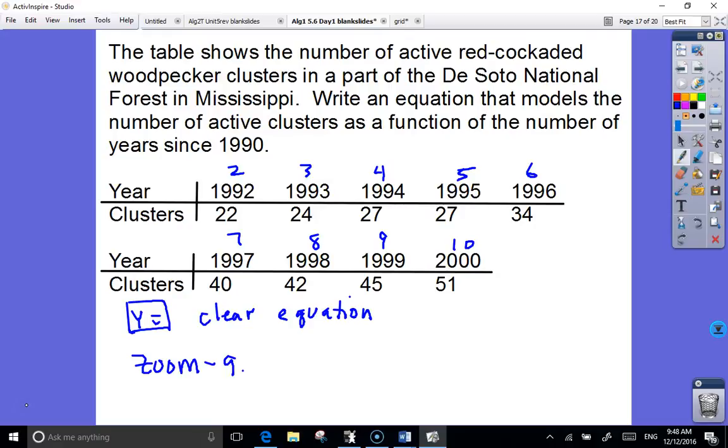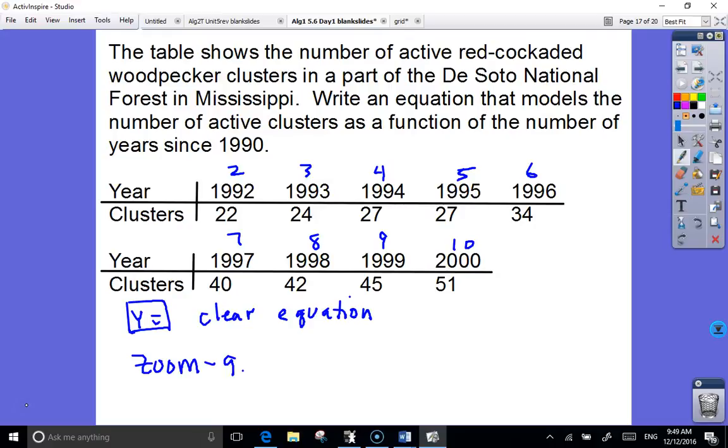Now you just press y equals. Now you do it again.